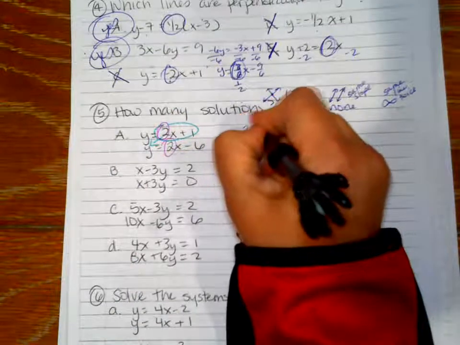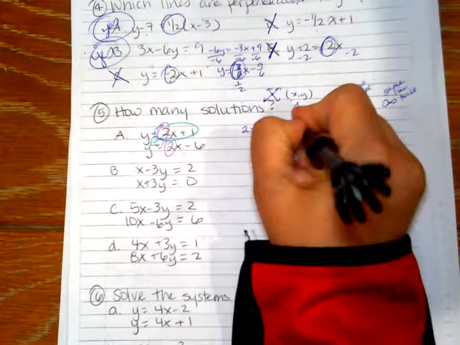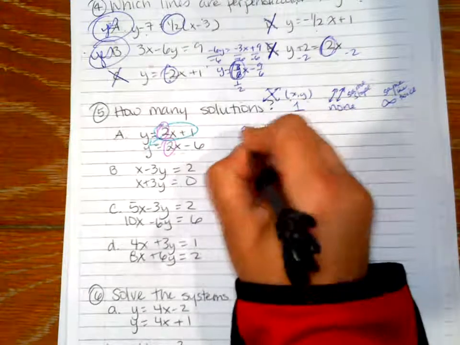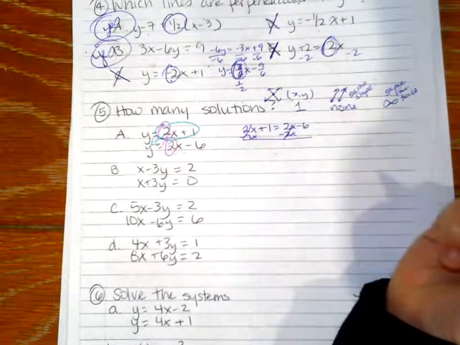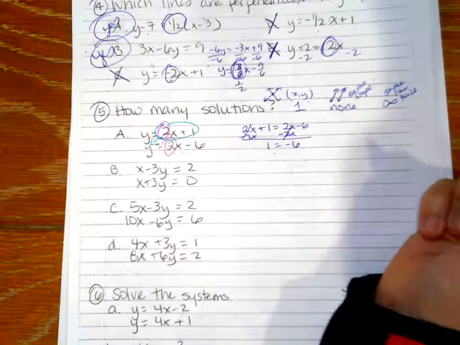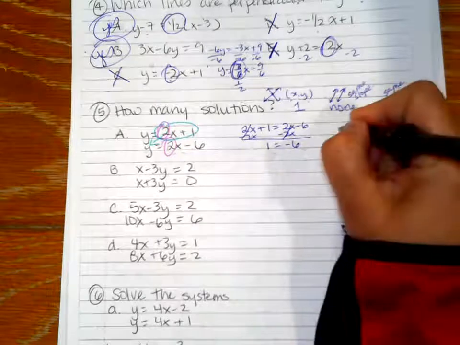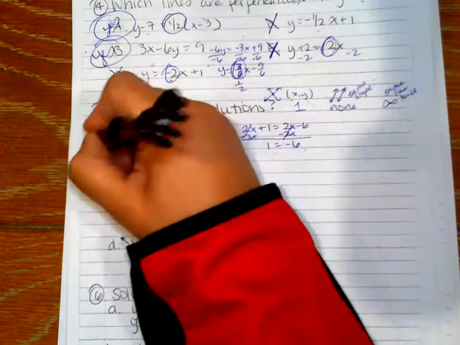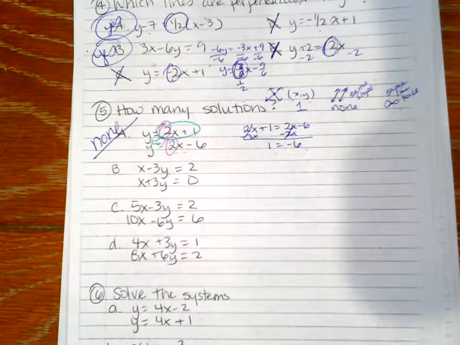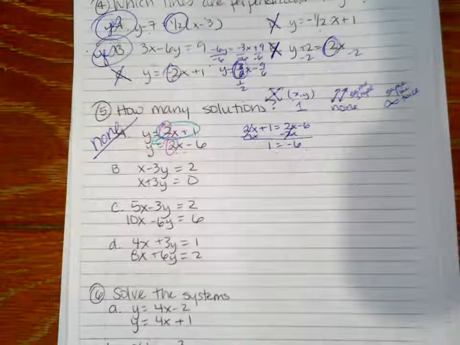So 2x plus 1 equals 2x minus 6. When I subtract 2x to both sides, my variables drop out, and I get 1 equals -6. That is not true, so I know I have no solution. So this guy right here is none. Okay? Means it has no intersections. You have parallel lines.